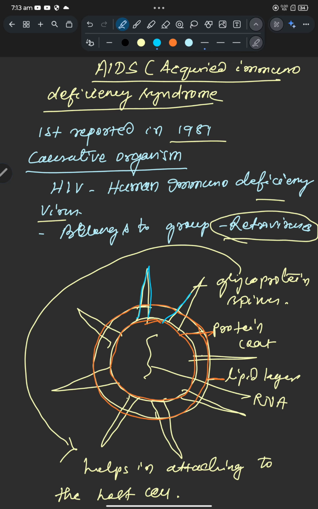So these are the glycoprotein spikes. And besides this, they have a genetic material, that is RNA. Now, what is the role of this spike? The spike helps in attaching to the host cell.